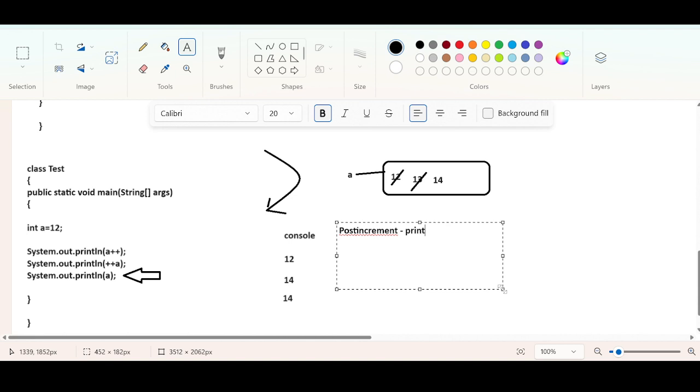One is print, then update. Pre-increment, two operations again: update and then print. Print means console, update means memory. If you remember these two, solving these problems is going to be very easy, right?